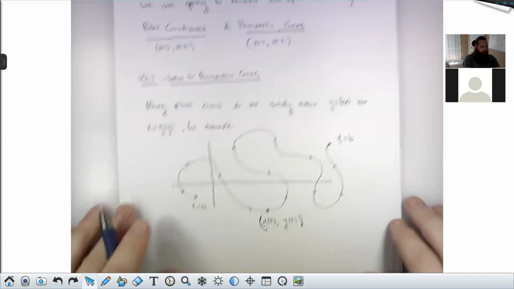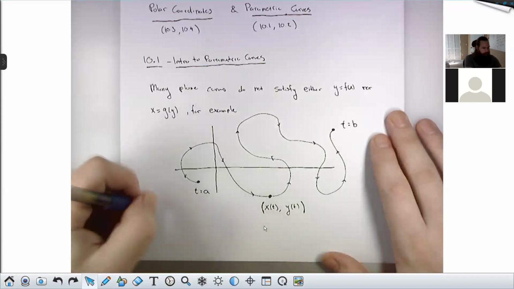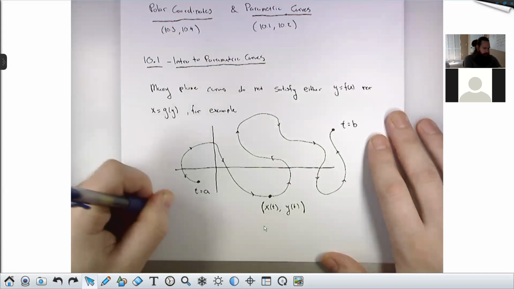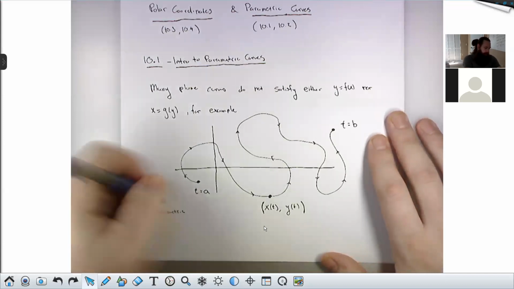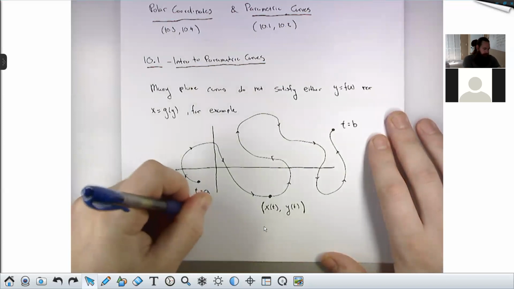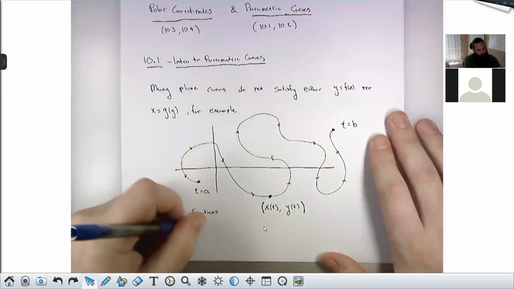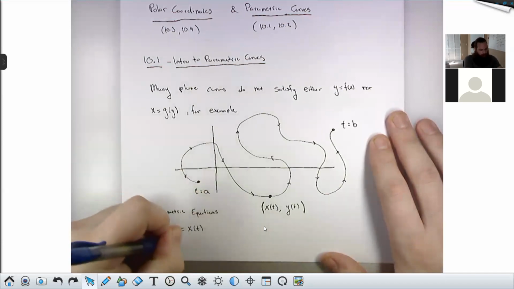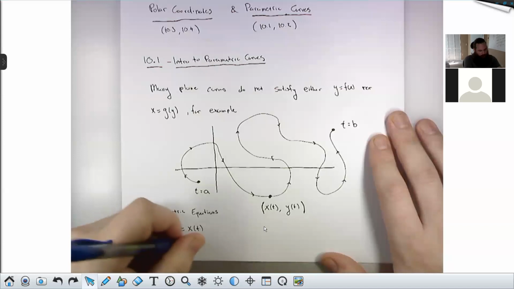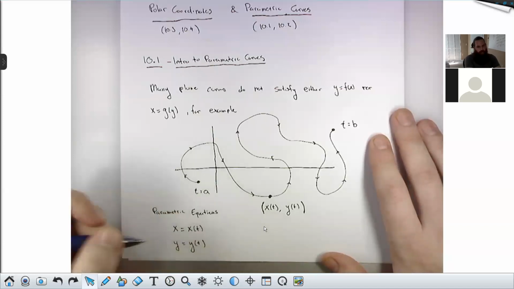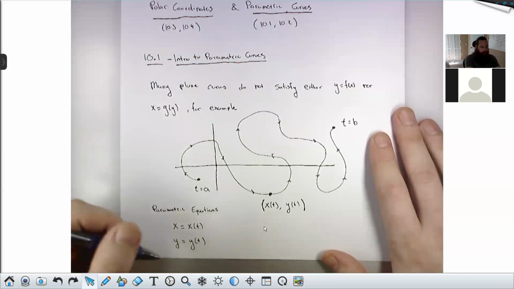So this would be an example of a parametric curve, and the parametric equations usually look like x equals x of t, some function of t, and y equals y of t. So I'd have like x equals sine t, y equals cos t, or something like that.